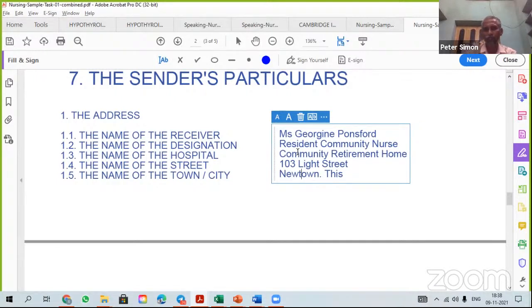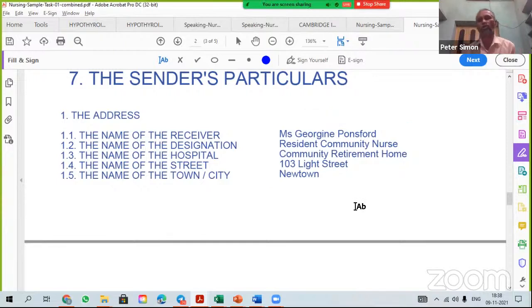Remove the full stop. So this is the address: Miss Georgian Ponsford, Resident Community Nurse, Community Retirement Home, 103 Light Street and Newtown. That's all, nothing more than that. That's enough. This is how you are going to write the address.